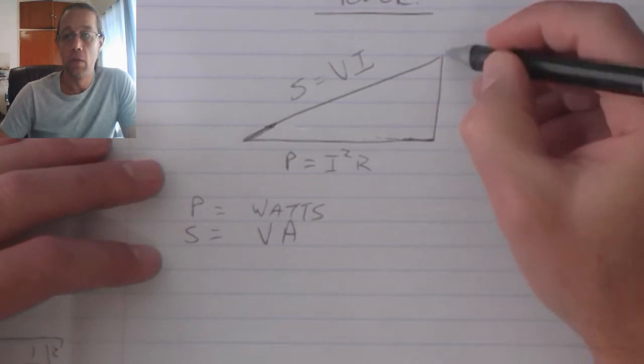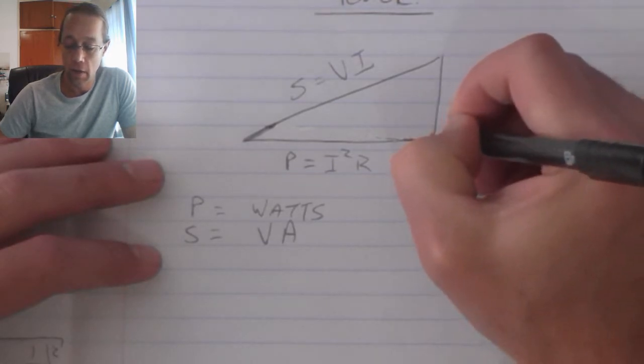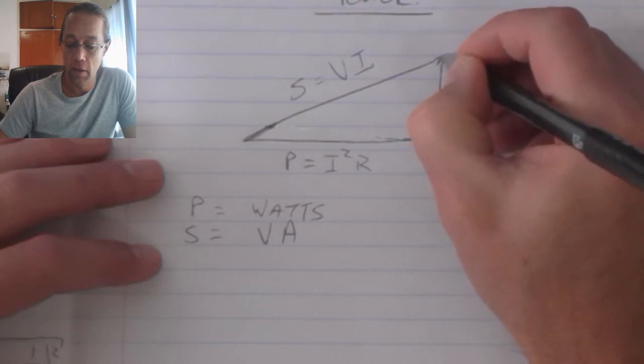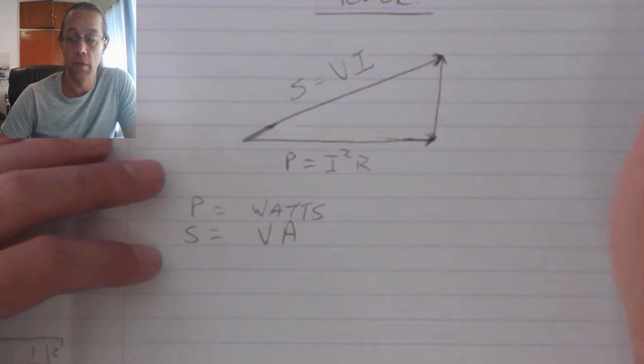The vertical, we will recall, occurs as a result of the inductor and the capacitor. Now the inductor and the capacitor get that phase shifting ability because of their ability to store a charge.